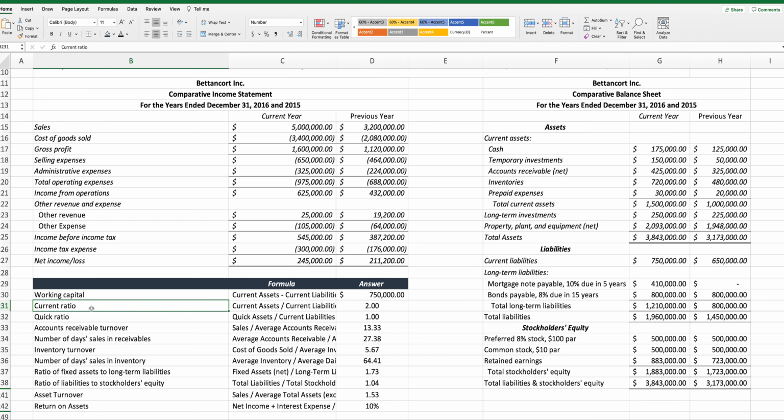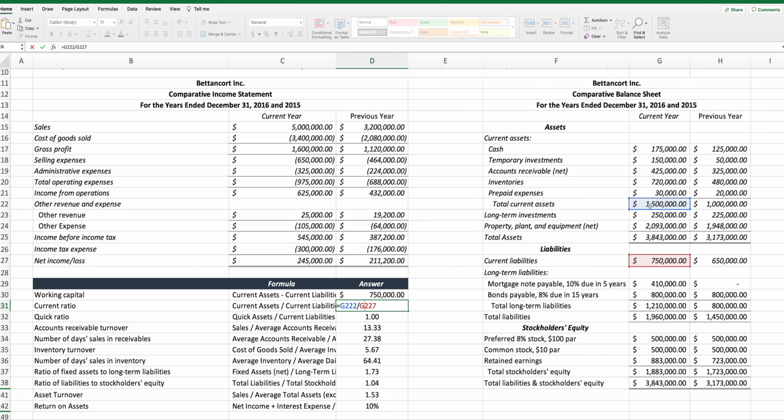My current ratio is, again, taking those current assets, but this time I'm not subtracting it, I'm dividing it by the current liabilities. That tells me that I have enough current assets to pay my current liabilities 2 times. Do you see that? All right.